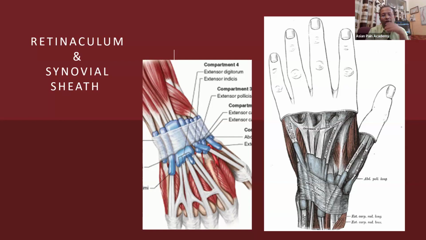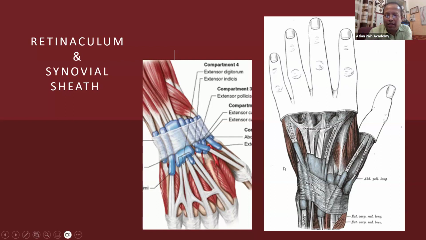One important thing is the synovial sheath. If there is no fluid, it is very difficult to see a synovial sheath above the extensor tendon. If there is an effusion, then you can see fluid collection just around the tendon, and you know that the synovial sheath is there.